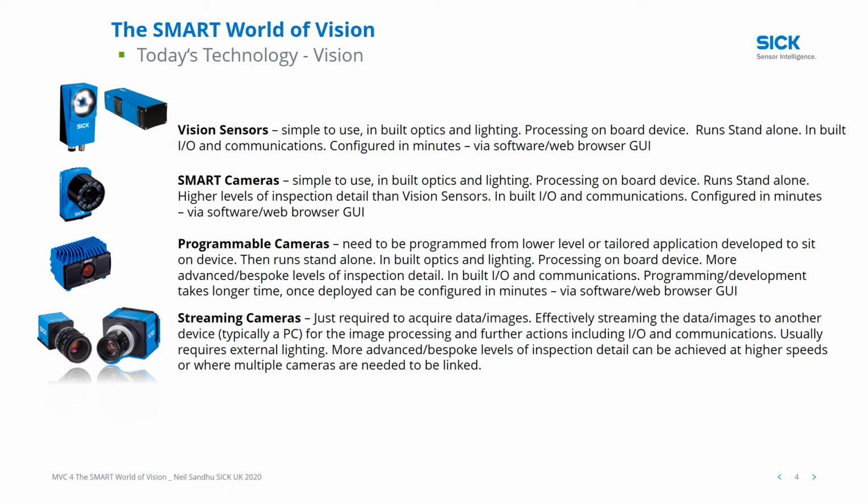Then we have streaming cameras. Typically these are cameras that are generally smaller in size compared to the other devices I've spoken about already, and they are just used to acquire the data or images, basically streaming that information to another device, typically a PC, IPC, industrial PC, or integration machine, that then carries out the processing on board that device rather than on board the camera.